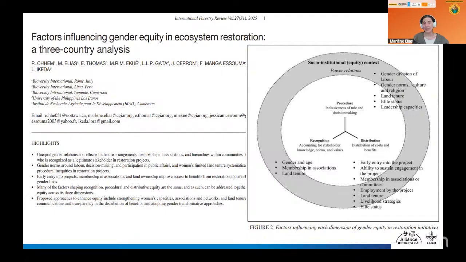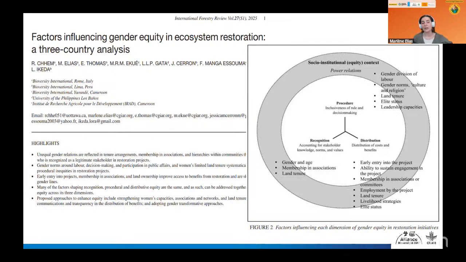Women also expressed a lack of experience playing leadership roles in mixed gender situations, elite capture of decision-making processes, and so on, that led to their exclusion from decision-making.